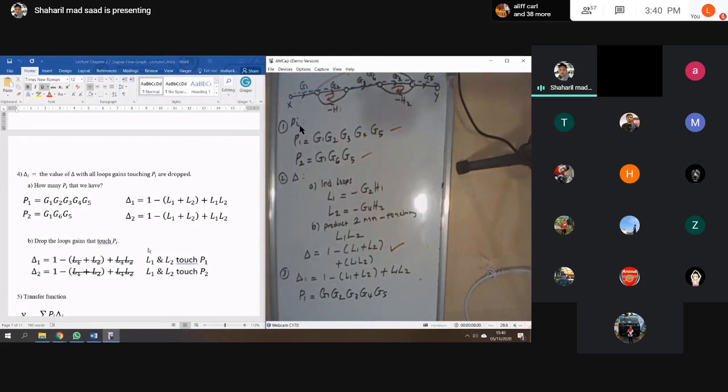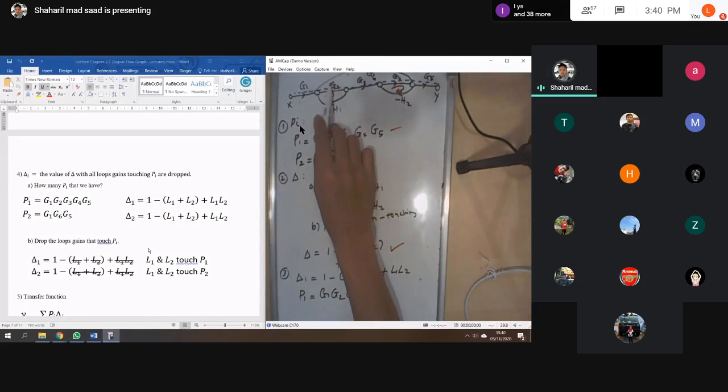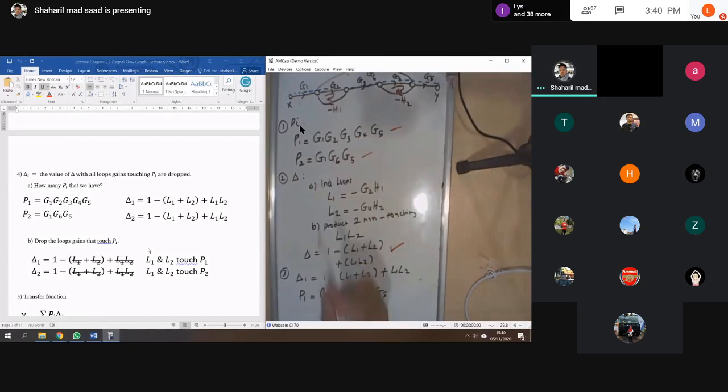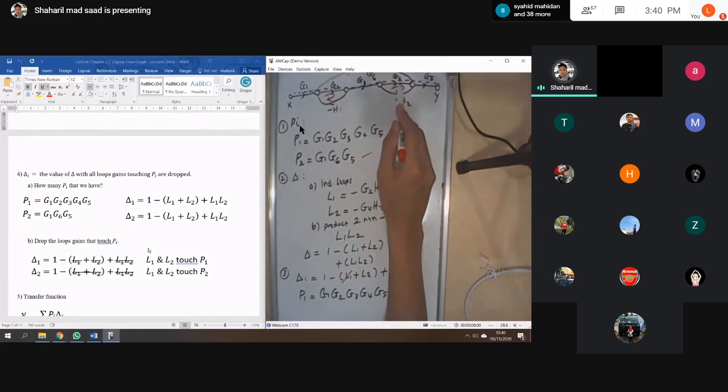Okay. So if you want to check it, just look at L1. It also has the gain G2, right? So this one touches it here. Okay. So you can drop it. So this one L1 drops. And also this one drops. L2 also has G4, it touches the forward path gain here.